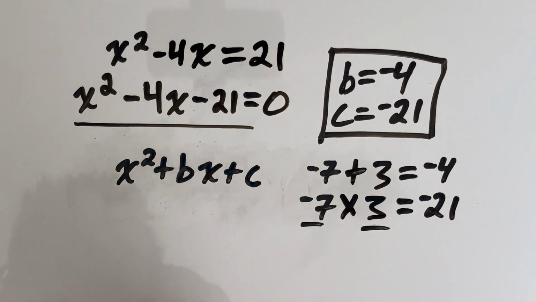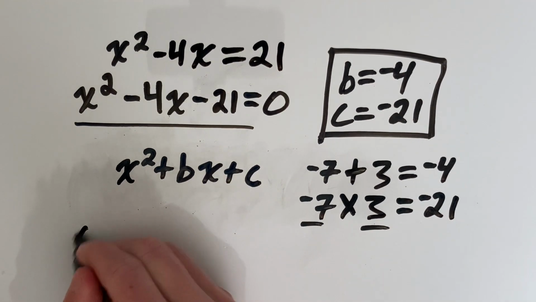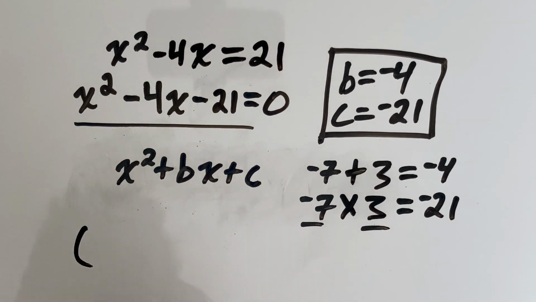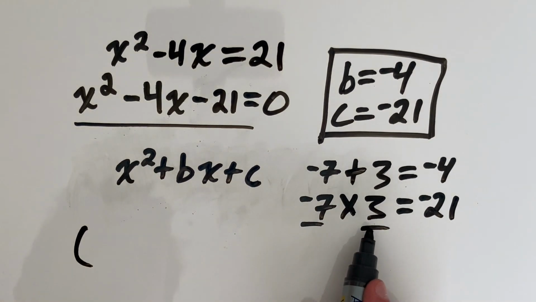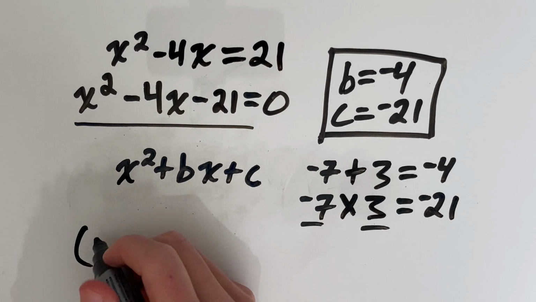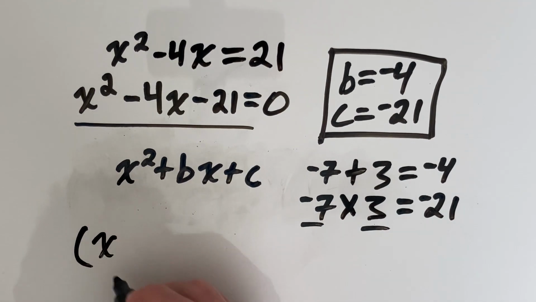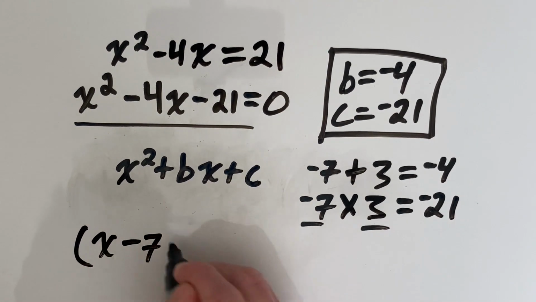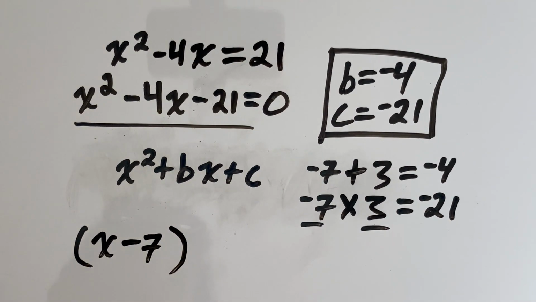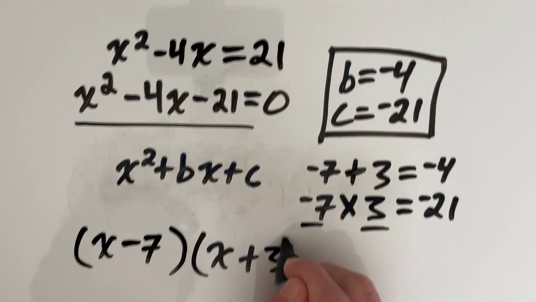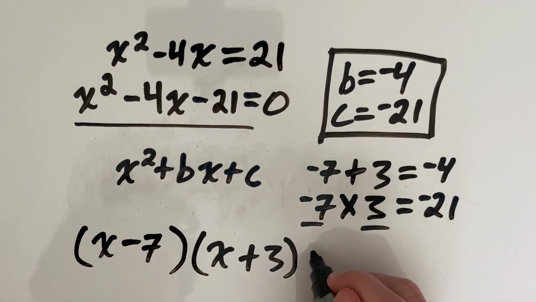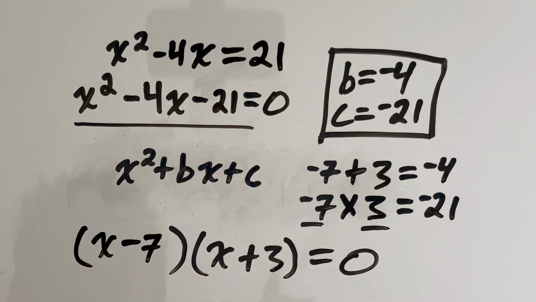Because to write this answer and finish off the problem, we're going to put two brackets. So we're going to factor this real quick in order to solve it. And we factor it with these two numbers we got. So our factor becomes x minus 7, because that's our first number that we got. And we have x plus 3, because that's our second number, and that's still equal to 0.